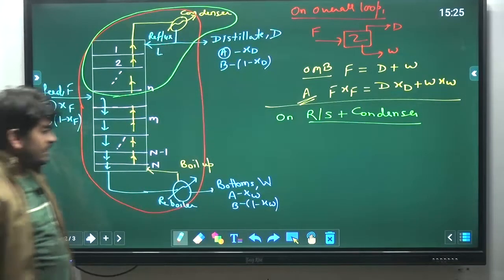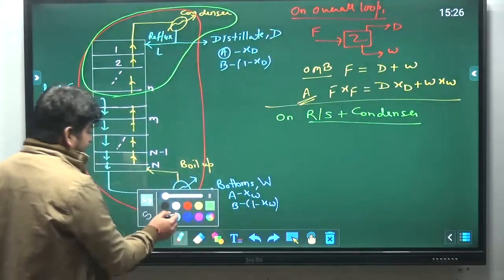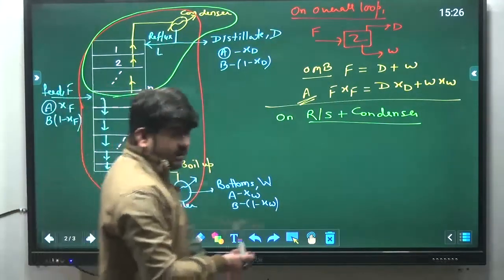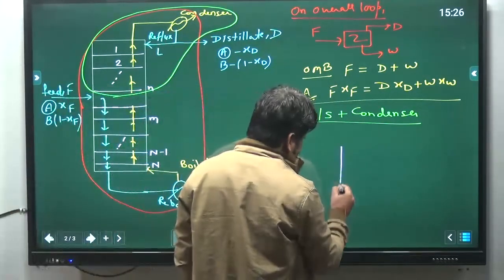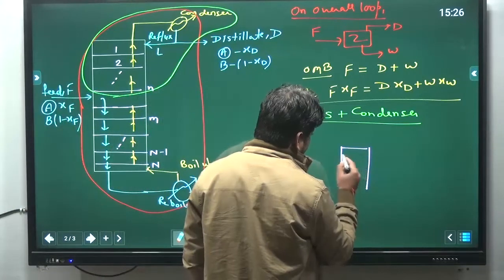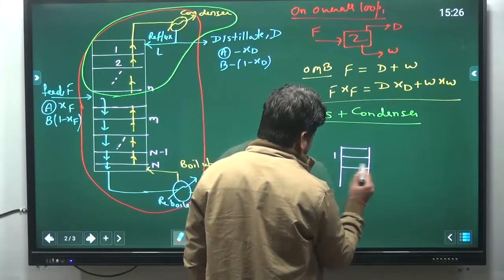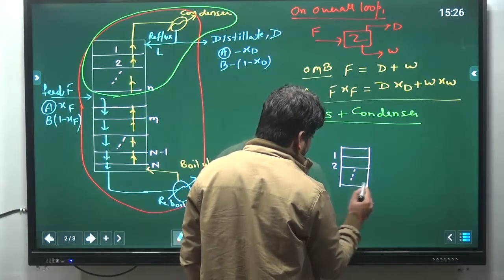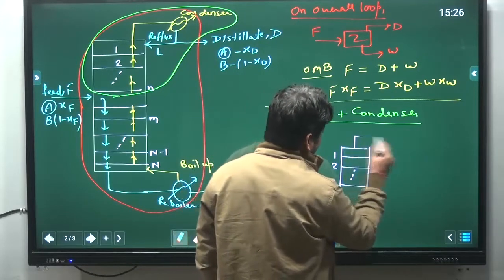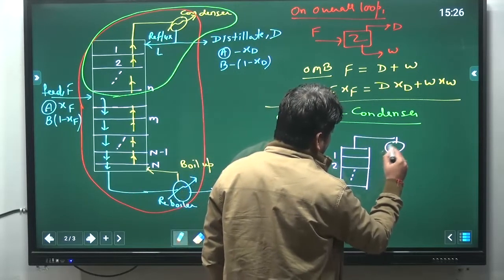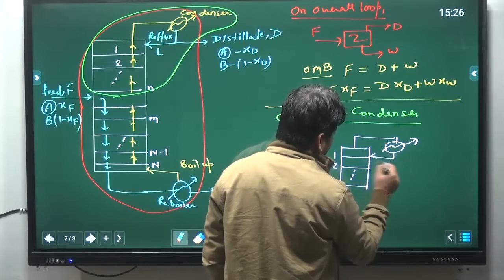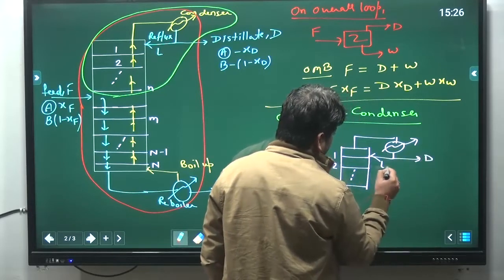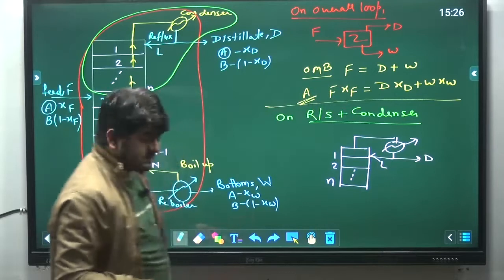And for this part, if you try to break down the column, it will be like this.